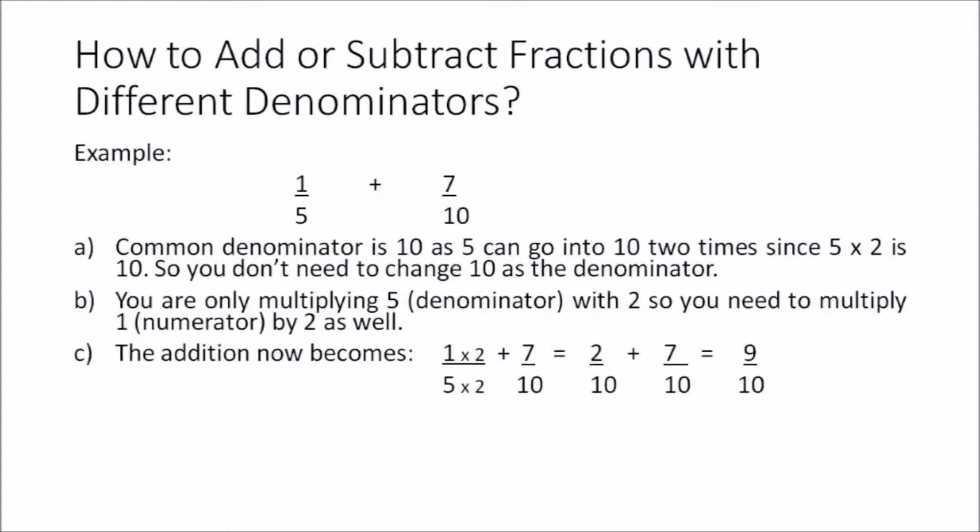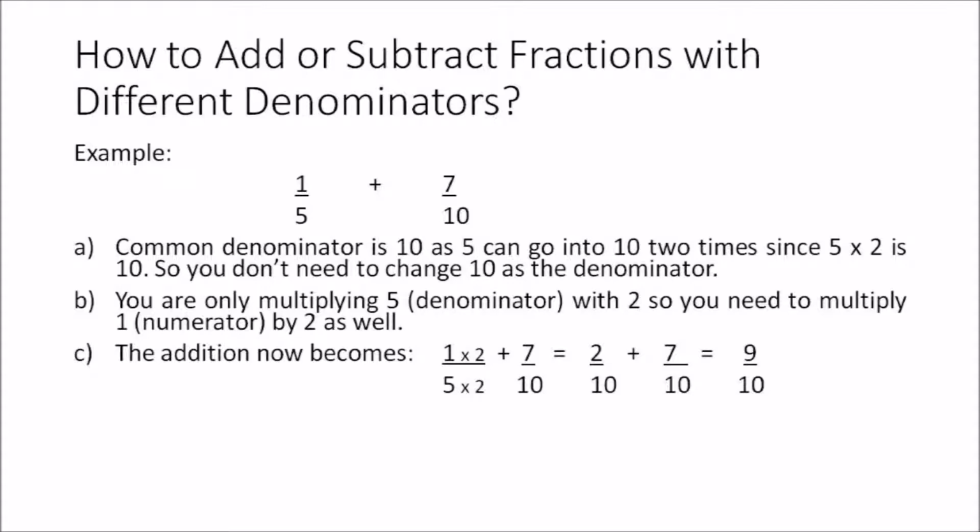You are multiplying 5, the denominator in the first fraction, by 2. So you need to multiply the numerator 1 by 2 as well. The addition now becomes 1 times 2 over 5 times 2 plus 7/10, which gives you 2 over 10 plus 7/10.